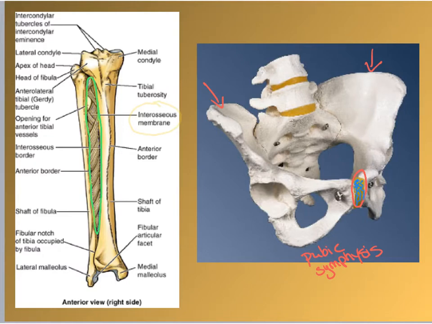So imagine this being made of a bunch of collagen fibers. Circulating hormones, one in particular called relaxin, is going to relax those collagen fibers and allow for this pelvic inlet right here to widen a little bit.